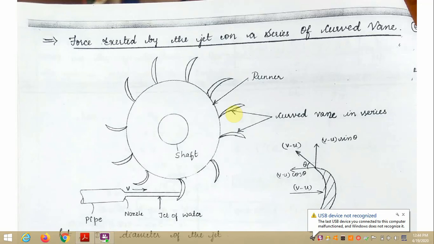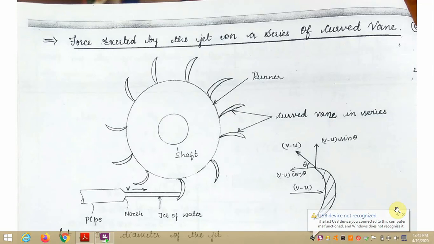Now I am going to tell you the force exerted by the jet on a series of curved vanes.